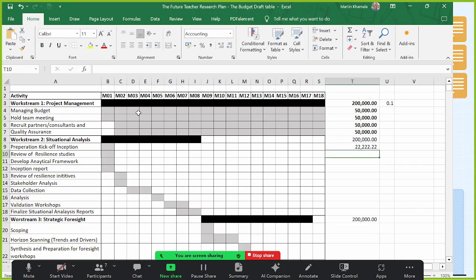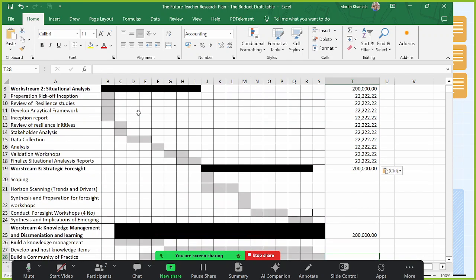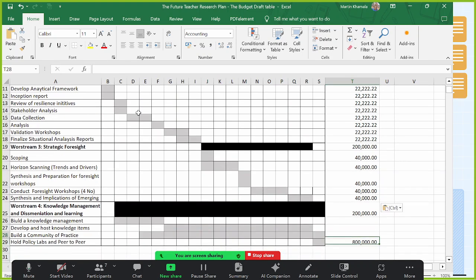And then this one has 1, 2, 3, 4, 5, so I'll divide this by 5. And then this one has 3, so divide here by 3. Okay, so there we have it.